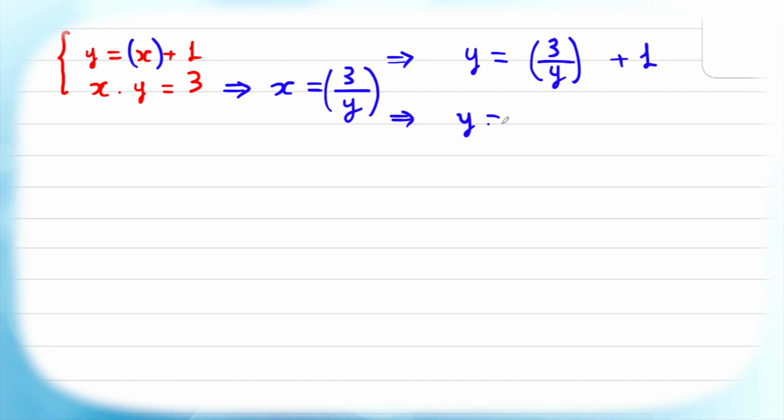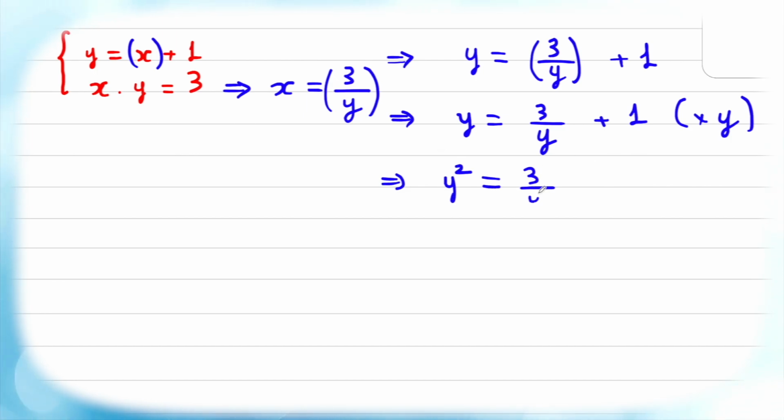After that, we can simplify this by multiplying both sides of this equation by y. After multiplying by y, the left hand side will be y squared, and the right hand side will be 3 over y multiplied by y, and 1 multiplied by y here.